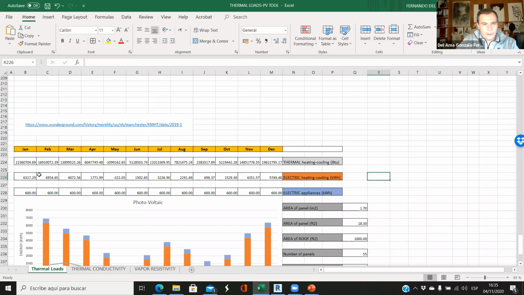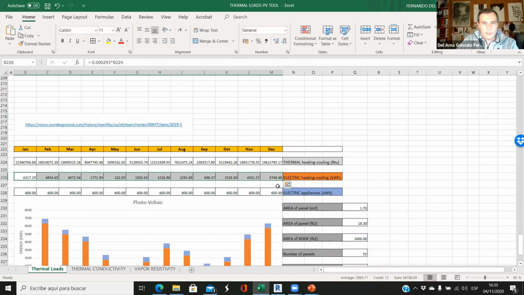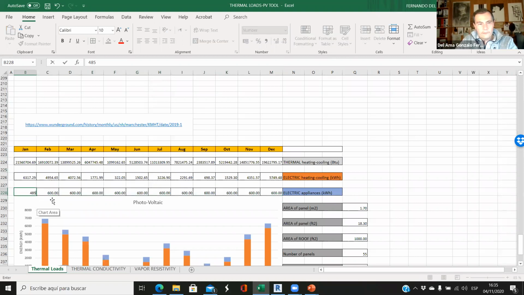It's positive. By the way, here we have a negative value. If we have a negative value, that means that we don't have to multiply this times -1, because here everything should be positive. And here we have to type our electric appliances demand. If it was 485, then we have to drag this.